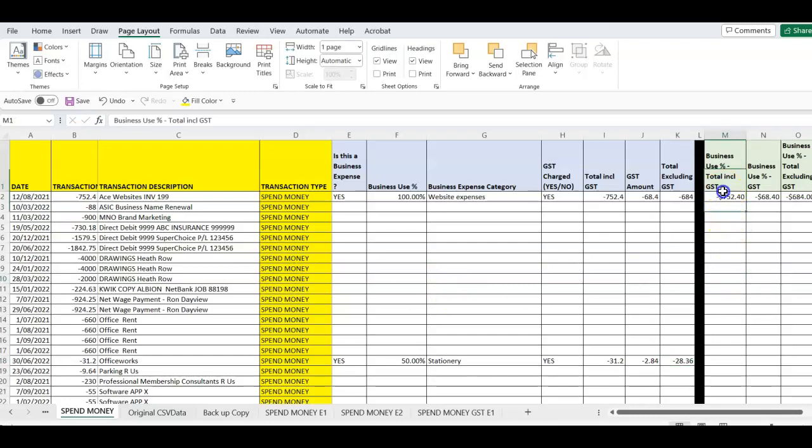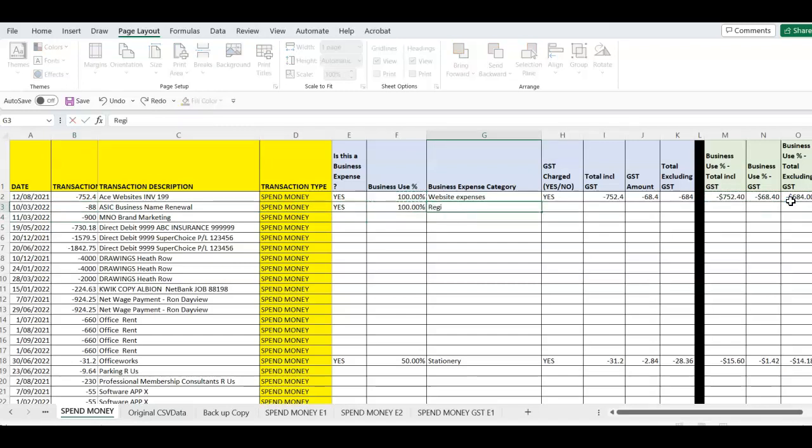We're going to use the same formulas as before. It's the business use column being populated by the business use percentage and then times by the relevant total. So we've got the business use percentage times the total including GST, the GST amount, and total excluding GST.